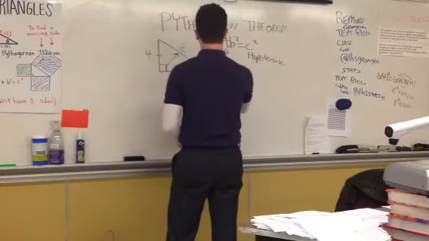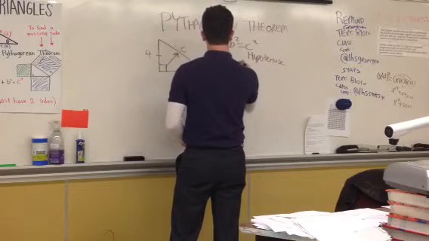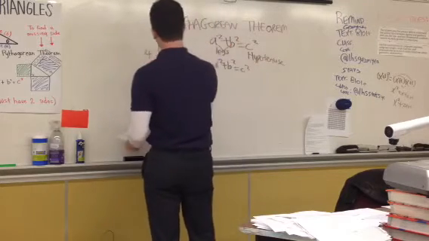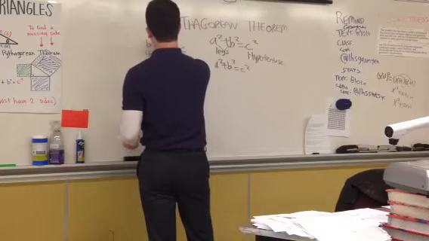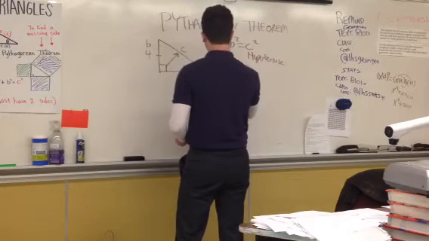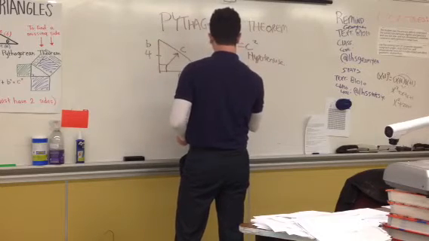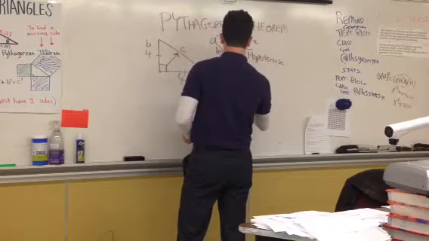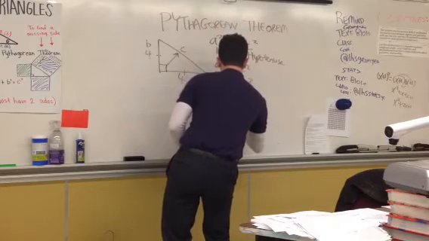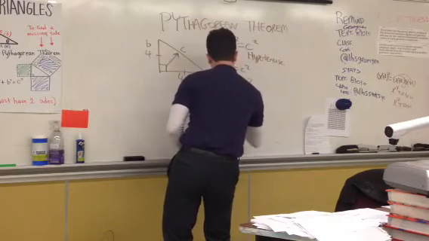So we have the same thing, a squared plus b squared equals c squared. It doesn't matter what you call your a or your b. It can be either of your legs. So I have 4 squared plus 4 squared is equal to c squared. 16 plus 16 is c squared. 32 is going to equal c squared.